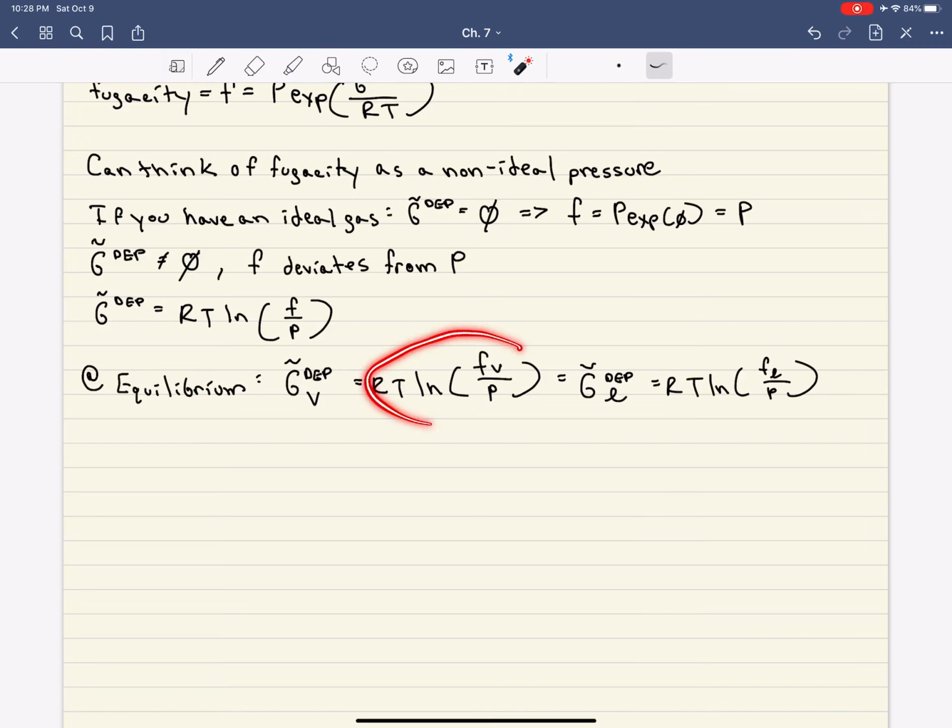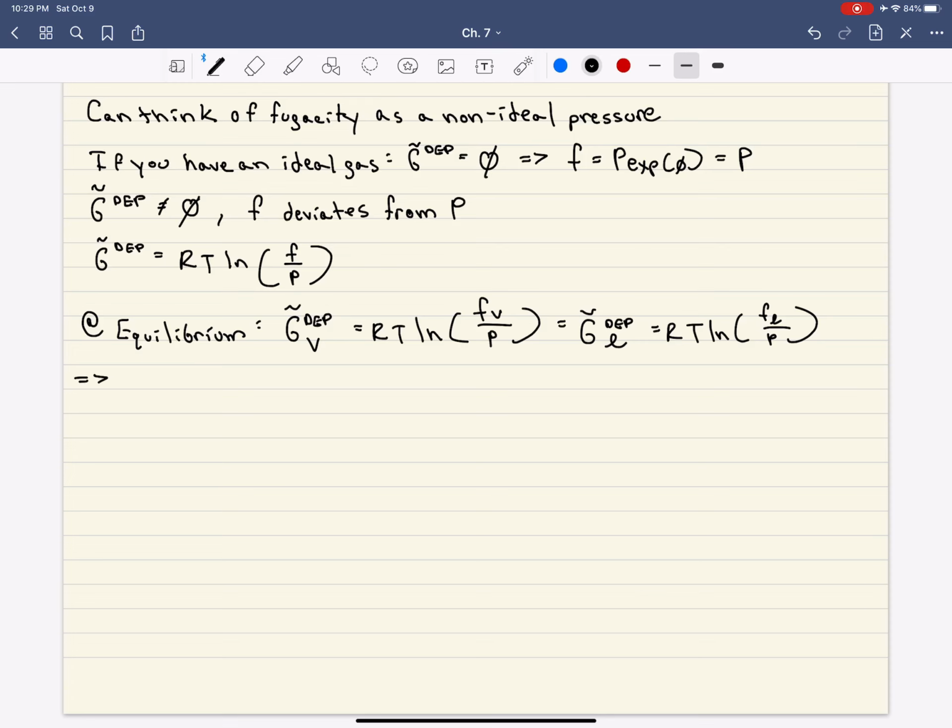So we have this is equal to this. The RT's cancel. We could take the exponential of both sides, and then the pressures cancel. And so what we find then is that at equilibrium, F of the vapor is equal to the fugacity of the liquid. And so that itself is another criterion for equilibrium, that the fugacity of the two phases are equal to one another.